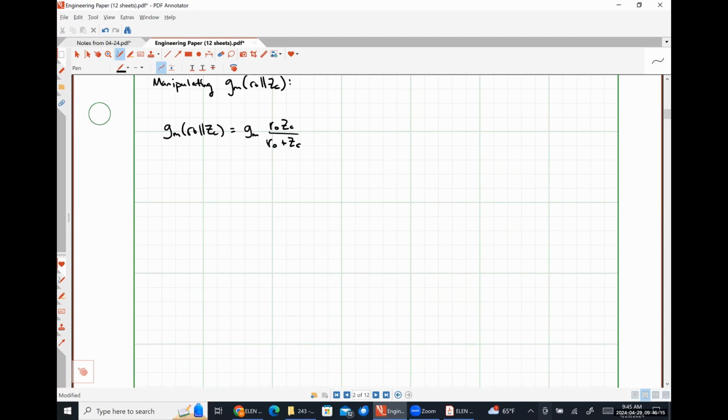And from here, this is going to look like GM multiplied by R naught times RC prime over 1 plus S RC prime CC prime.